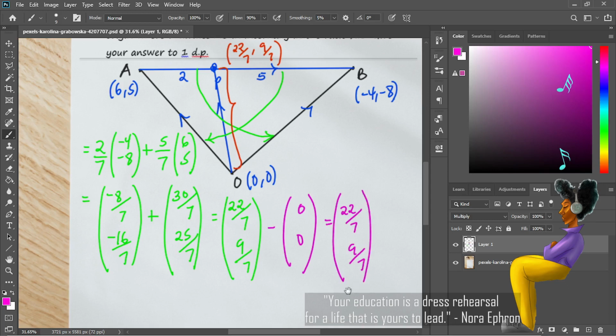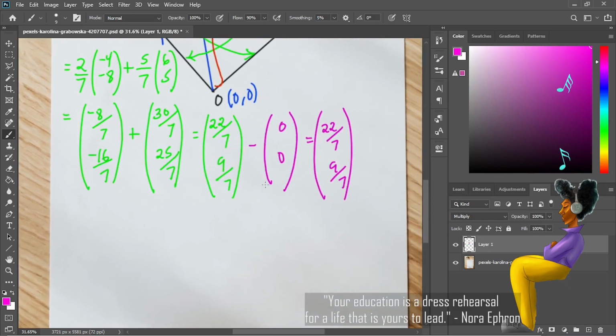And then we get the square root of the sum of the squares of those 2 values. So the magnitude of OP is going to be the square root of (22 over 7) squared plus (9 over 7) squared.